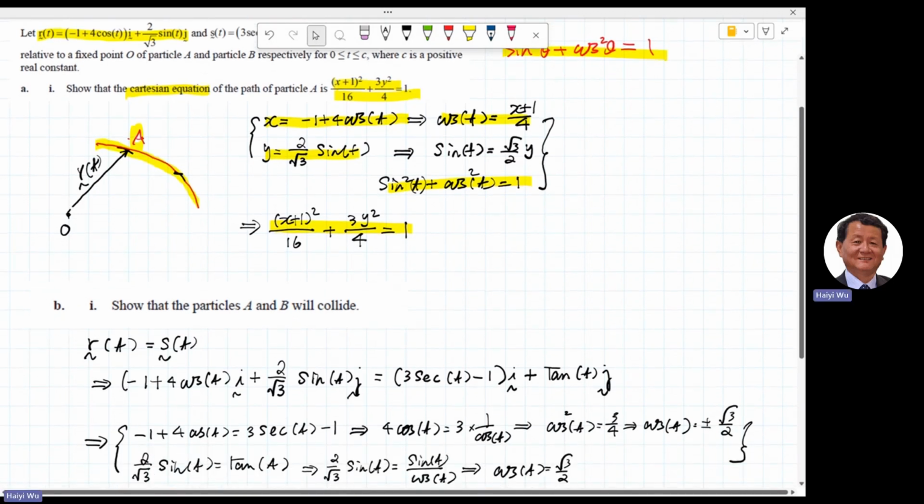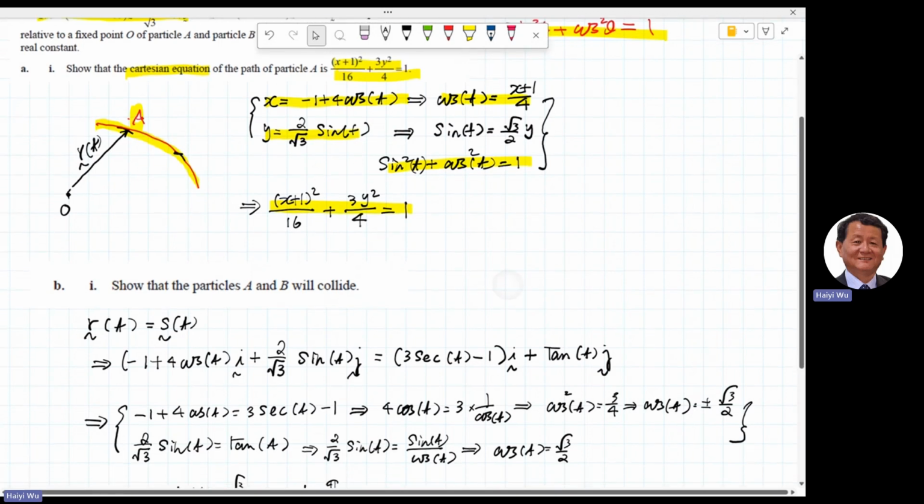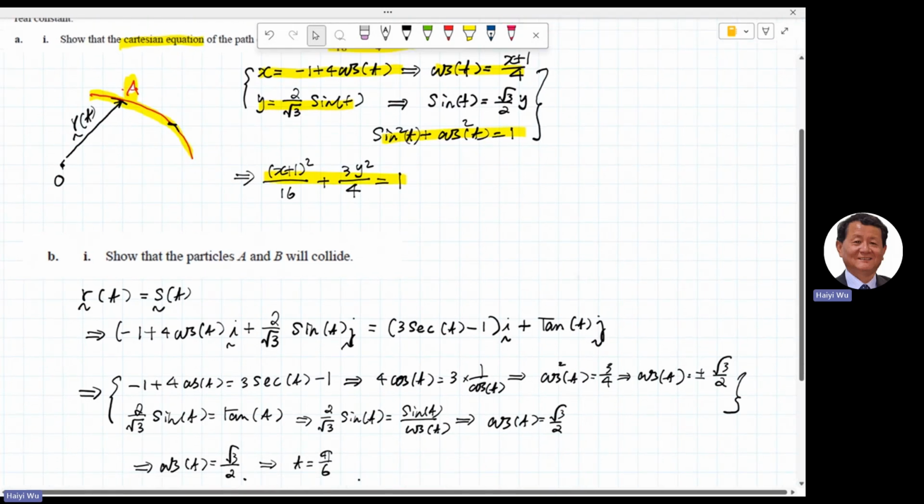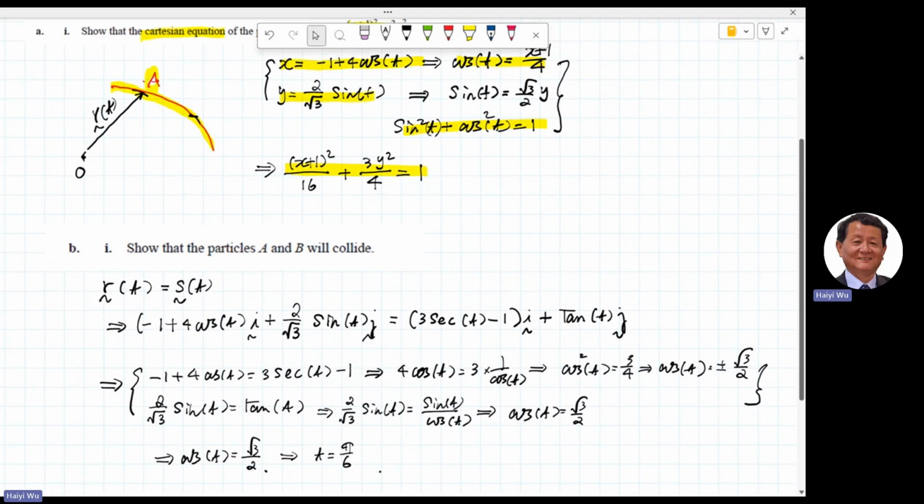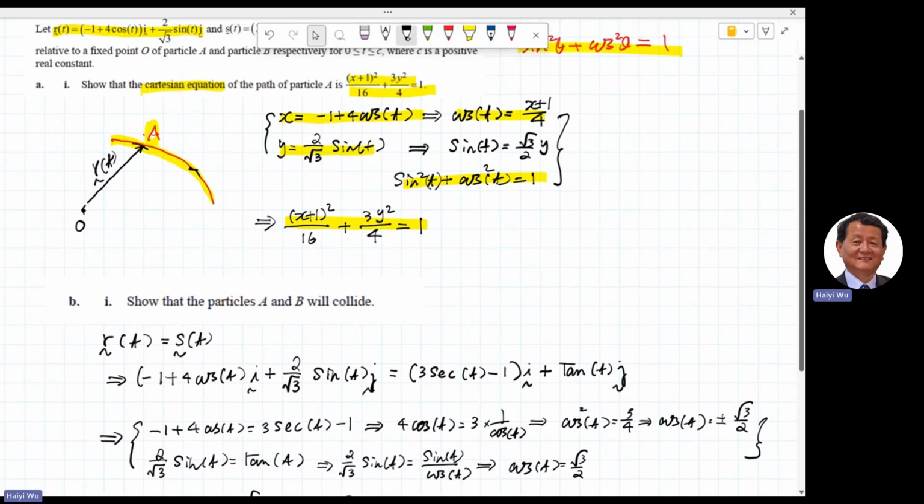All right, now we're going to continue to the next question, B1. Now we need to show that another point B travels somewhere differently. So B is here, maybe on a different curve.